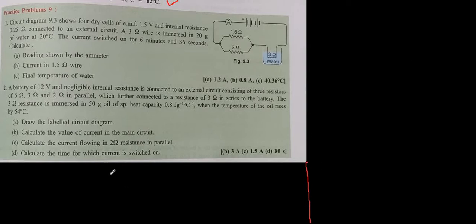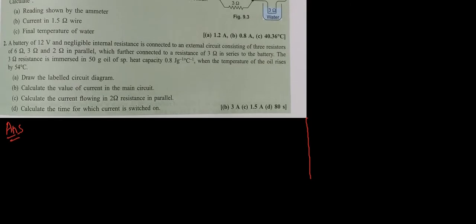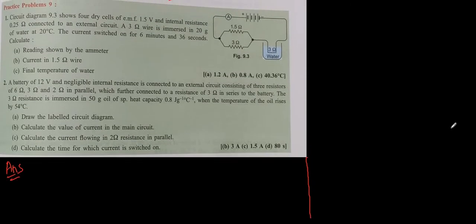So I'll start from here. First of all, your answer. Practice problem 9.1. First of all, circuit diagram 9.3 shows 4 dry cells. So first of all, we will write down the number of dry cells.